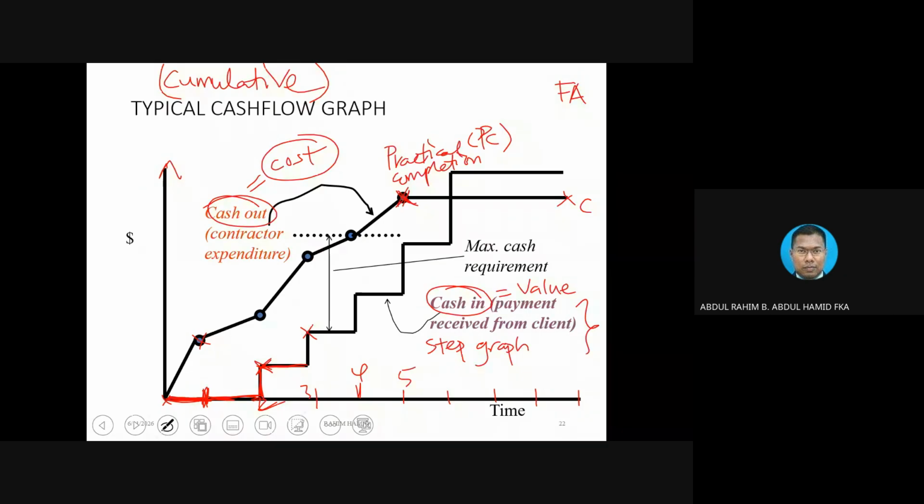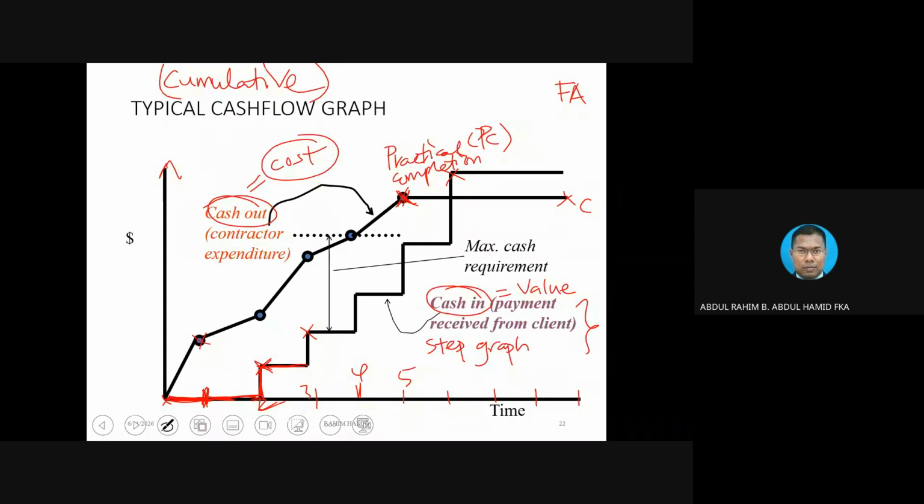Okay, so this is what we call a step graph. And you notice that the last payment will be here. It is 1 month after the project completion. Why? Because of course it will follow whatever claim. The claim for the first month will be paid in the second month, and so on.